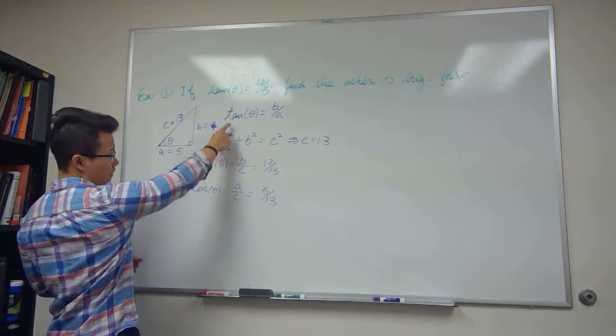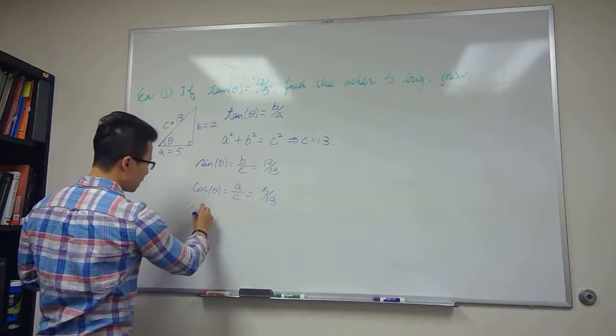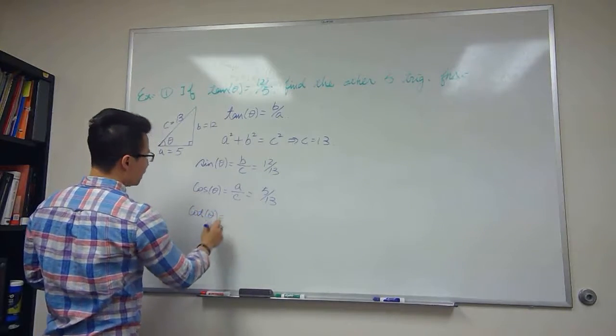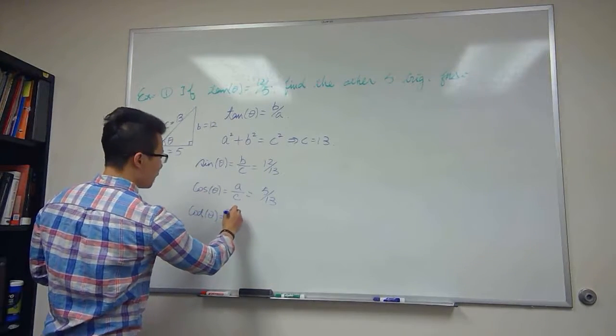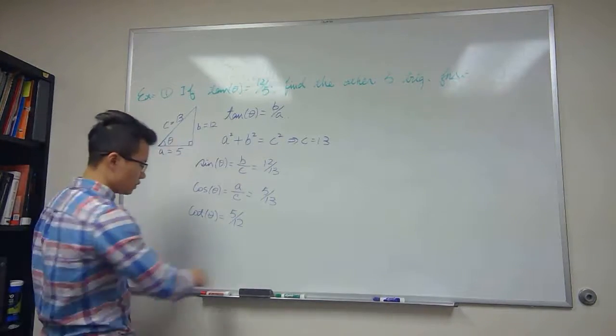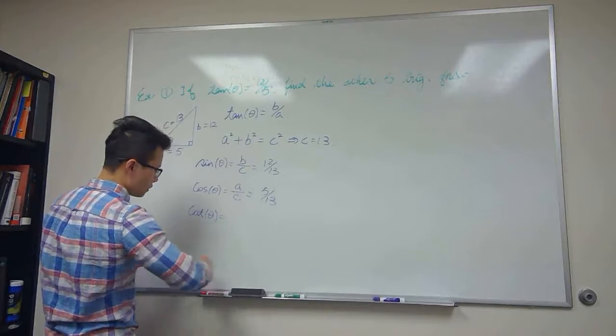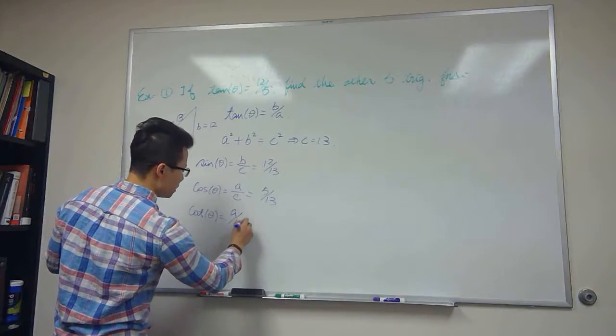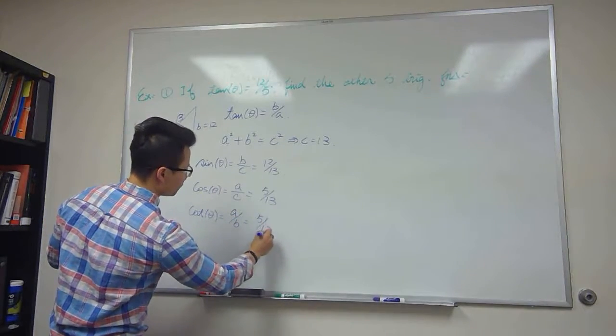And we have tangent already, so we can get cotangent theta, which is A over B, that's 5 over 12.